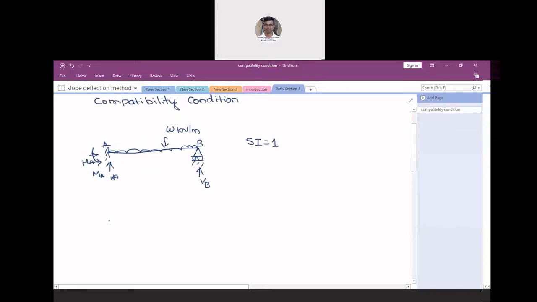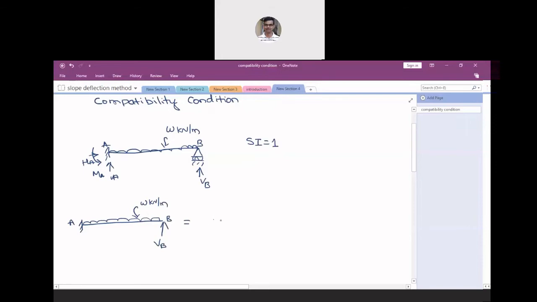What the method of superposition says is that I can rewrite this propped cantilever beam as a cantilever beam which is subjected to a uniformly distributed load of magnitude w kilonewton per meter, and a load of VB in the upward direction at joint B.